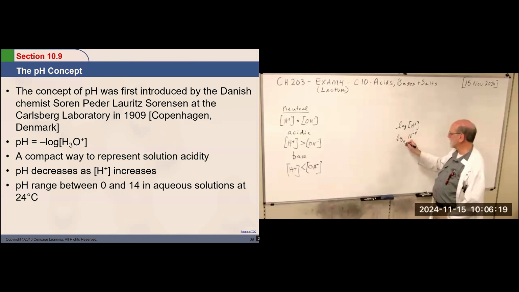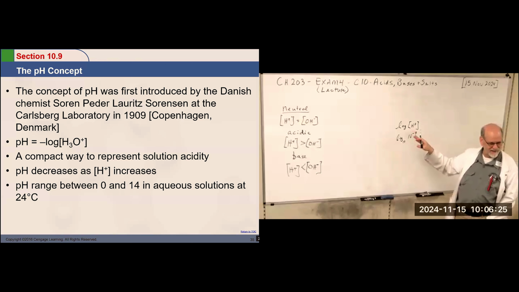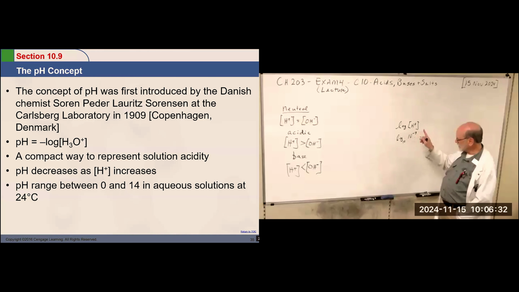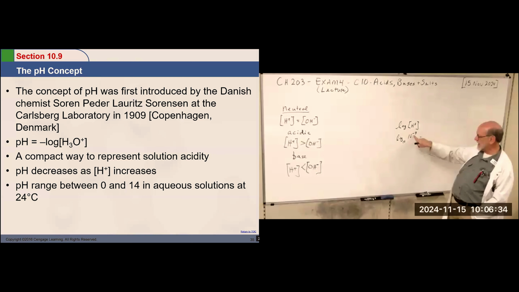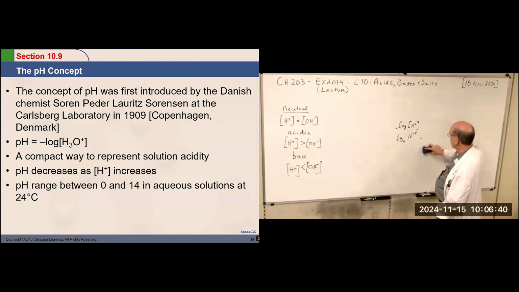So the log base 10, right? This is common logarithms. Everybody remember logarithms from math class? Okay. What does that mean when we say that? The log of this number is the power of that number that is this number. So that would be, actually not 10, be minus 7, wouldn't it?